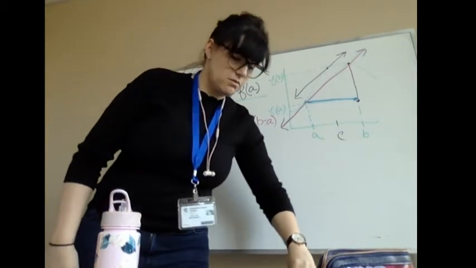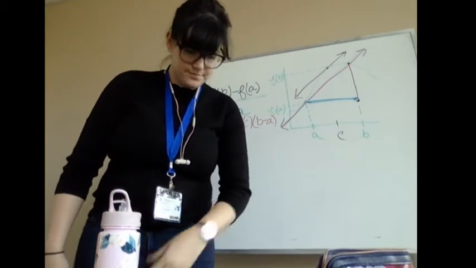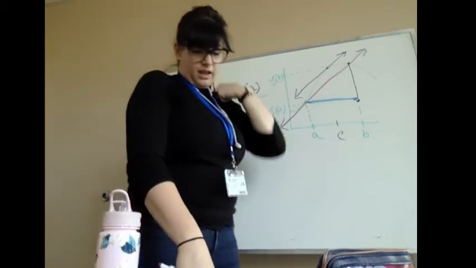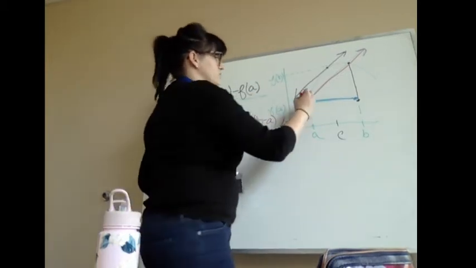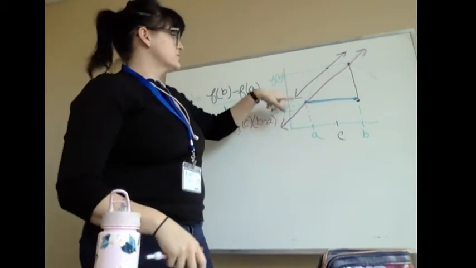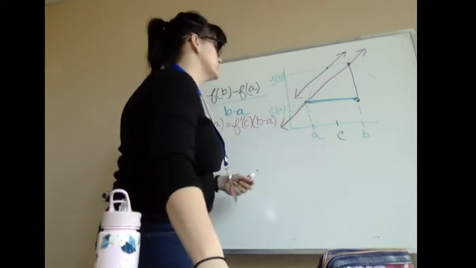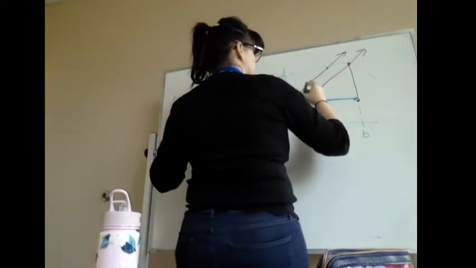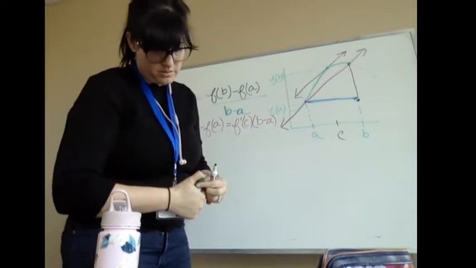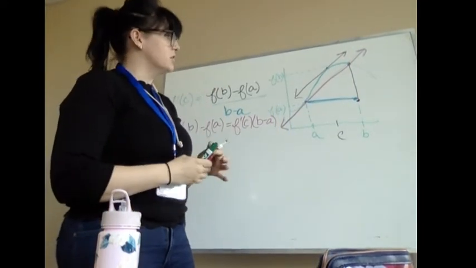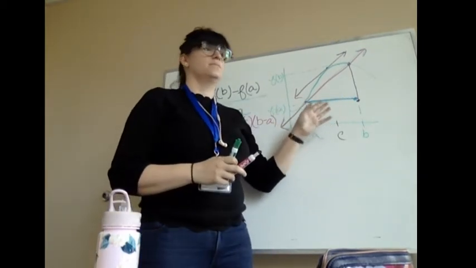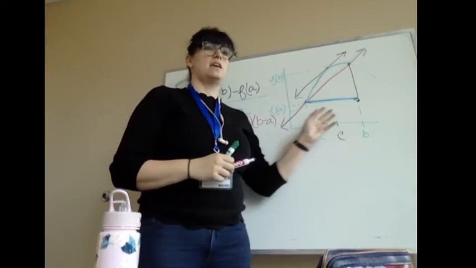Now there is a theorem that we passed over called Rolle's theorem, which just says that if you have this closed interval from a to b, and f is continuous on this closed interval, which you can see that it is, and f is differentiable on the open interval, so it doesn't matter what's happening at a and b.